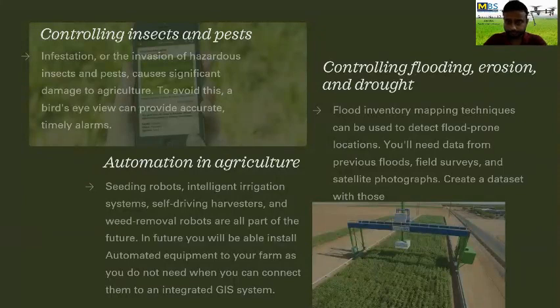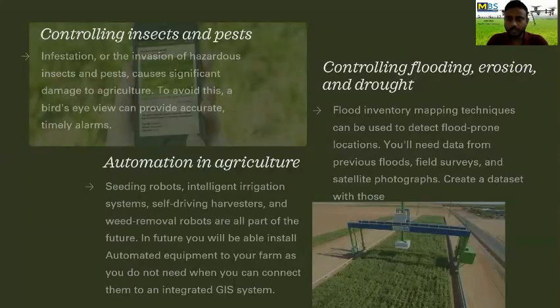Using previous records and field surveys, and the data and photographs, the GIS system gives enough information to farmers and relevant professionals for their decision making, and therefore they can do their activities according to the previous data. So it is farmers' duty, their job.